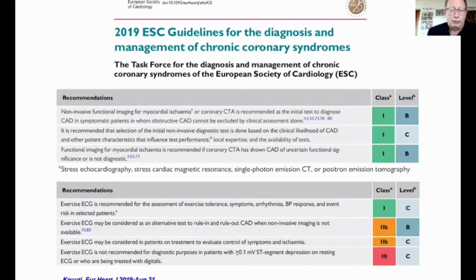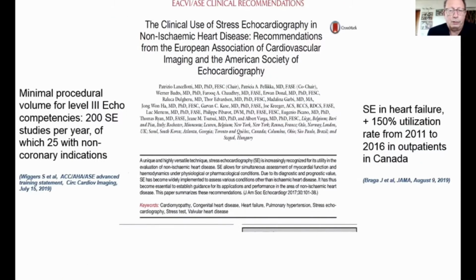Stress echo is now considered the first line technique according to the latest recommendation of the European Society of Cardiology for patients with chronic coronary syndrome, and more for applications in non-ischemic heart disease, which is the single item with the greatest increase in utilization rate according to recent statistics.